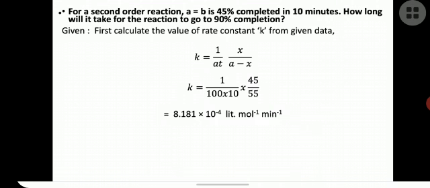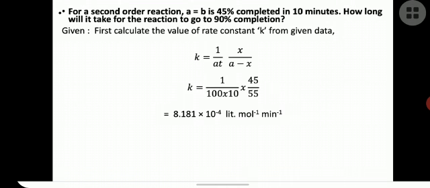For a second order reaction, A is equal to B is 45% completed in 10 minutes. How long will it take for the reaction to go to 90% completion? First, calculate the value of rate constant K from the given data. K is equal to 1 upon a t into x divided by a minus x.